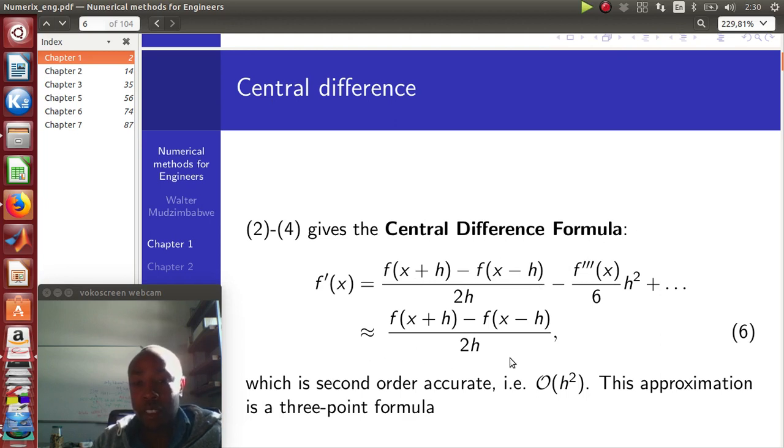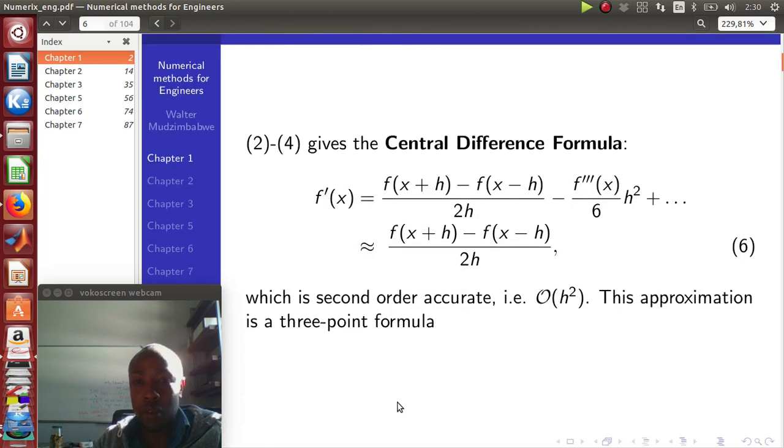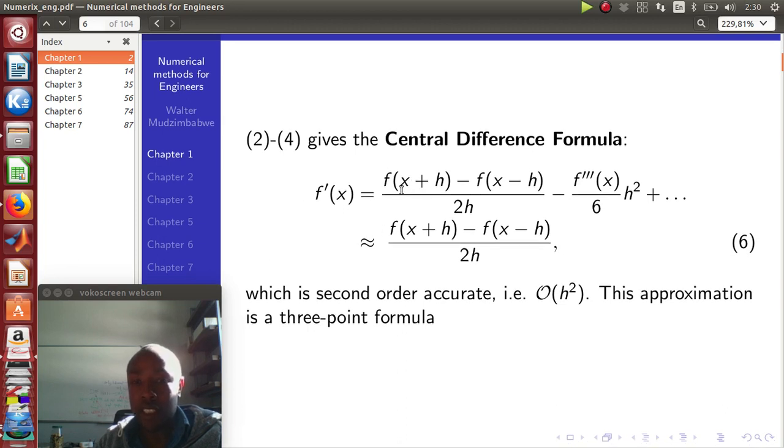Okay, it's another approximation. But notice that here we now have h squared, so that makes it a second order accurate method. Okay, so this method is second order because of the 2 there. And also this approximation is a 3-point formula, because in order to find this, you need f at x plus h, f at x minus h, and also f at x.